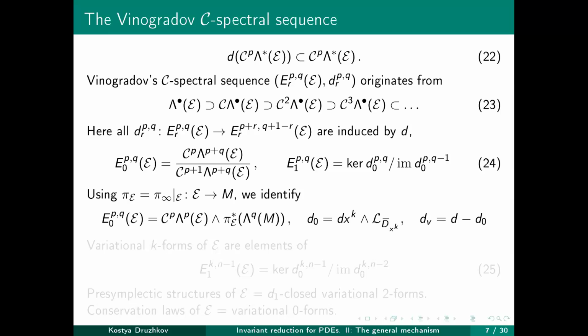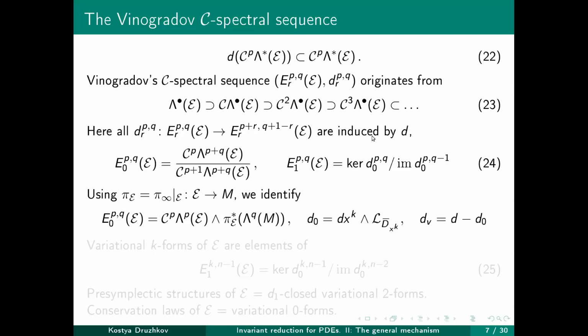That is why we can consider the arising filtration of the de Rham complex, and Lambda bullet means the de Rham complex. So this filtration, oh wait, it's the wrong sign, wrong direction. This filtration simply generates the Vinogradov spectral sequence. And as usual, we have the corresponding differentials of this spectral sequence.